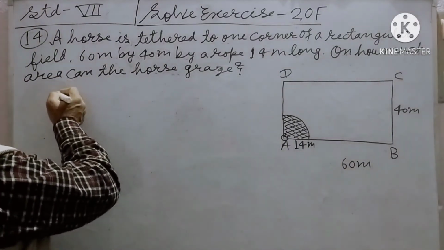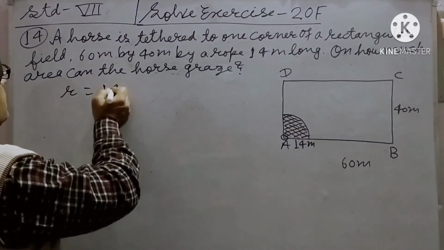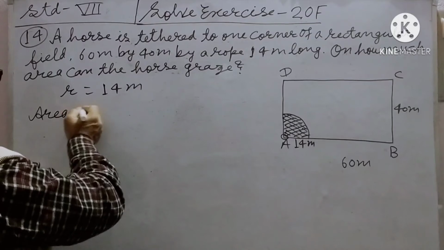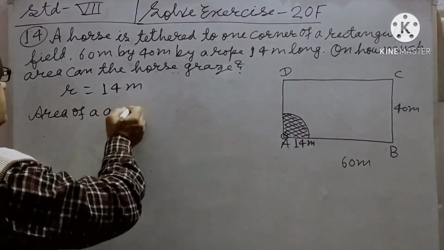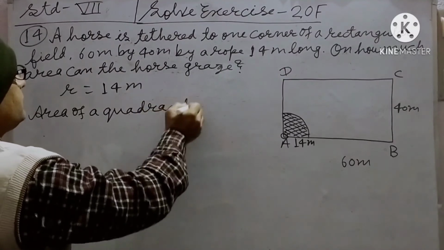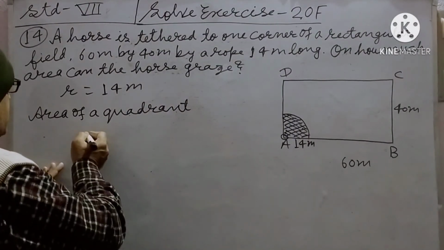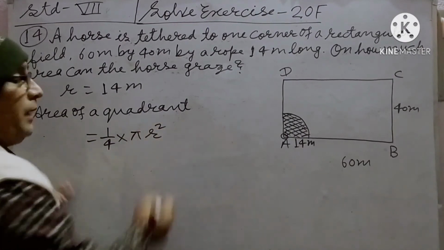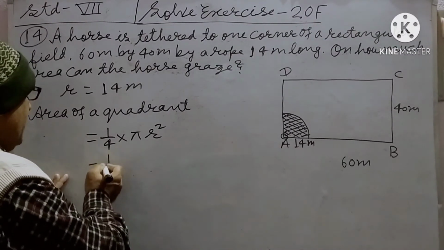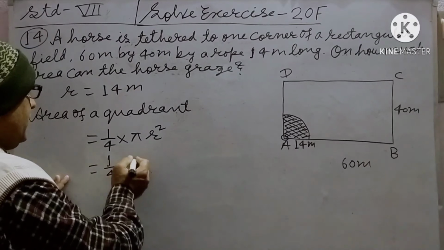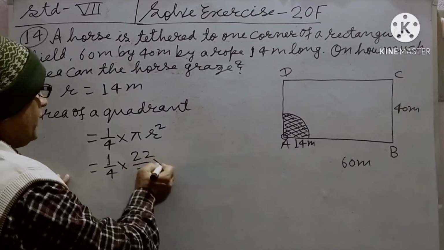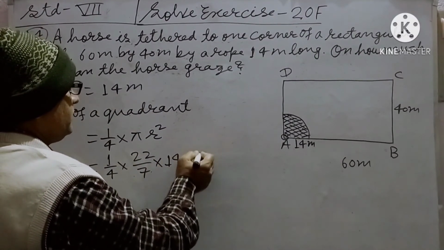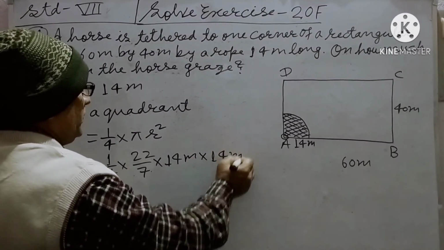So given radius r equal to 14 meter, area of a quadrant equal to 1 by 4 into pi r square, equal to 1 by 4 into the value of pi is 22 by 7 into r square, 14 meter into 14 meter.